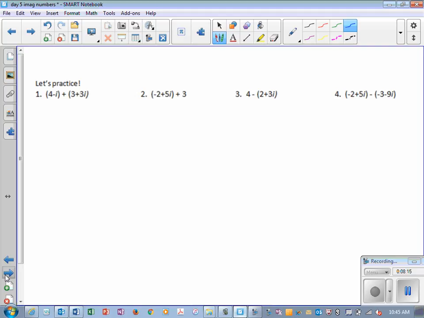It says let's practice. Well, practice what? I just showed you y's and now I'm telling you add, multiply, subtract. Crazy, right? What you're doing is 4 minus i plus 3 plus 3i. You're just combining like terms.